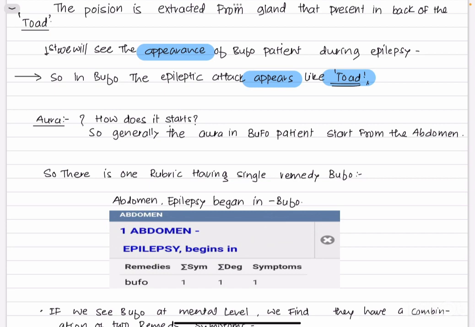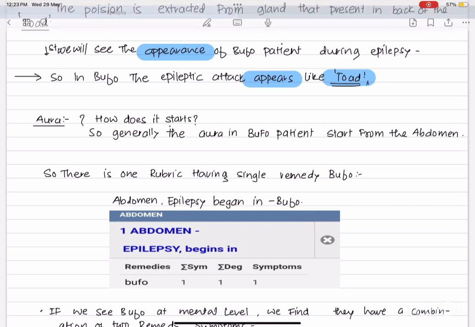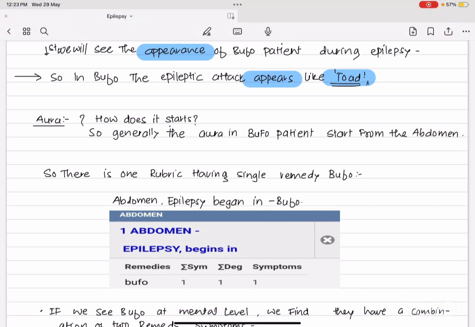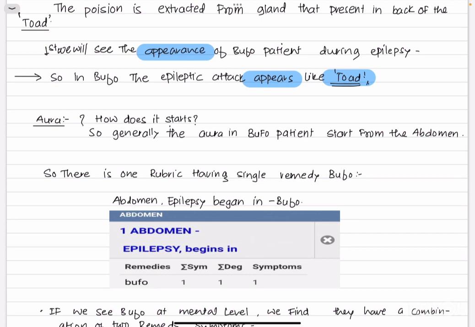So when we are taking the case, the patient is telling his symptoms, and from this we get that before every epileptic attack the patient feels something in his stomach, and after that he gets an epileptic attack.